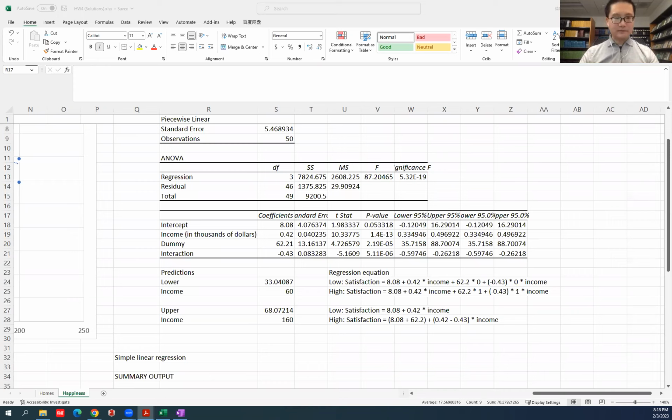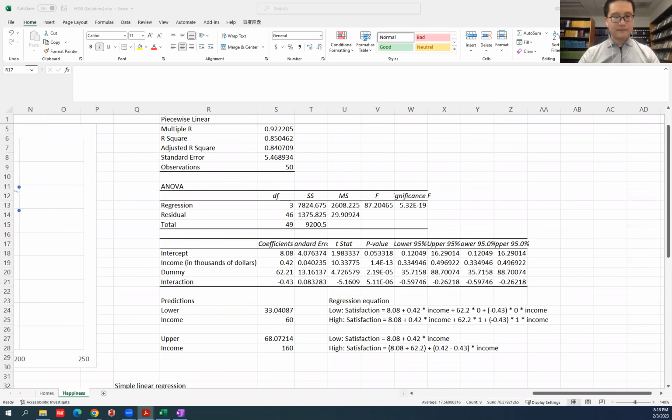So to interpret a model like this one I'm showing here, it's useful to show what the dummy and interaction terms mean. That's why I illustrated using a regression equation. So when interpreting the model, it's also useful to refer to the regression equation.